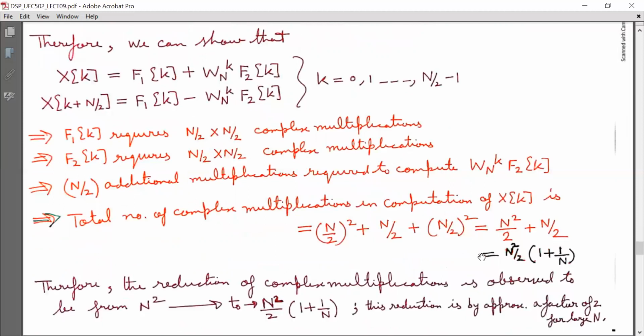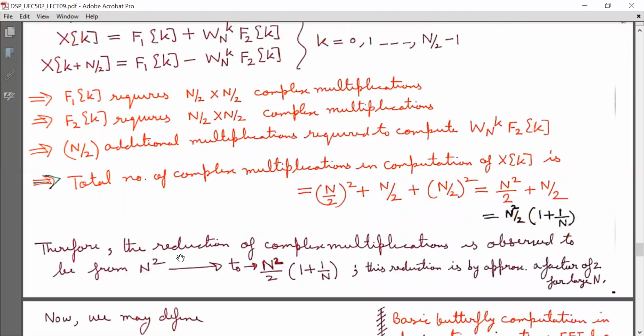So this will give you N square by 2 bracket 1 plus 1 by N. Therefore, the reduction of complex multiplication is observed to be from N square to N square by 2 (1 plus 1 by N). This reduction is by approximately a factor of 2 for a large number of N. If N is large, this is approximately N square by 2.